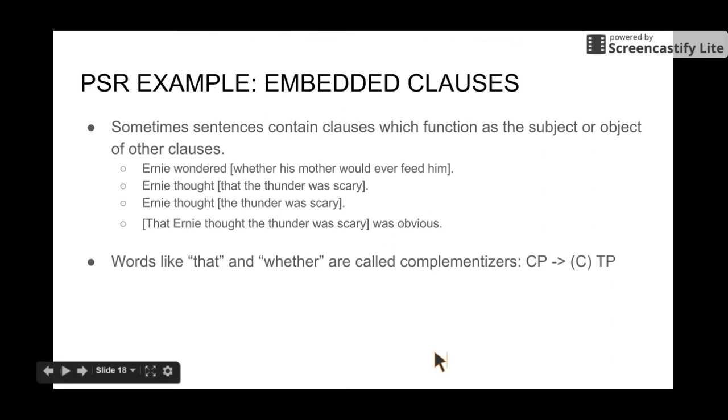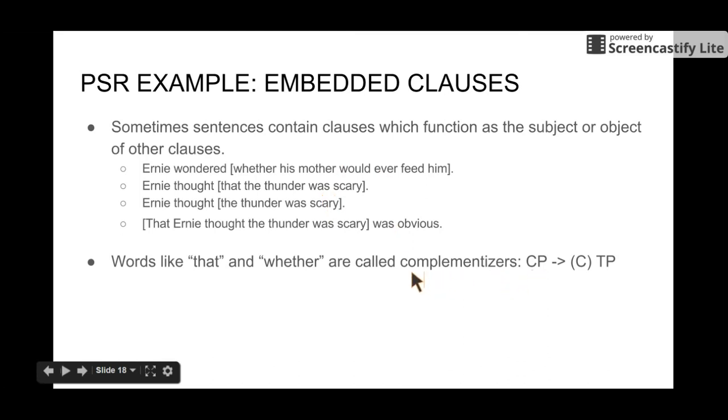And then we can talk about embedded clauses. For example, we can have sentences like this: Ernie wondered whether his mother would never feed him. So what is this part here? It begins with whether and something, and also the example that the thunder was scary. So actually these elements are CP.